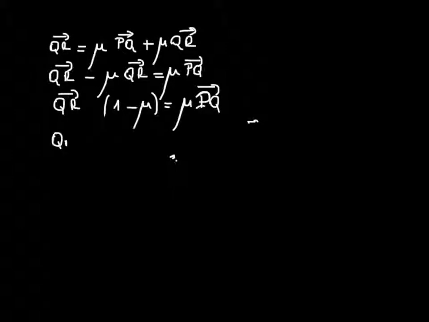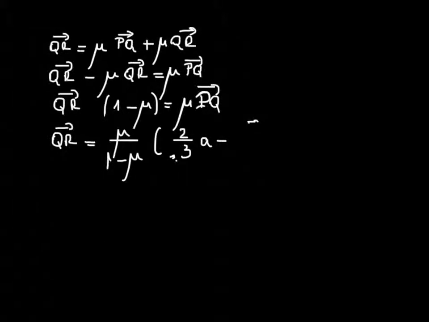Therefore, QR gives me mu over 1 minus mu PQ, and we found PQ in the first question as being 2/3 A minus 11/12 B.